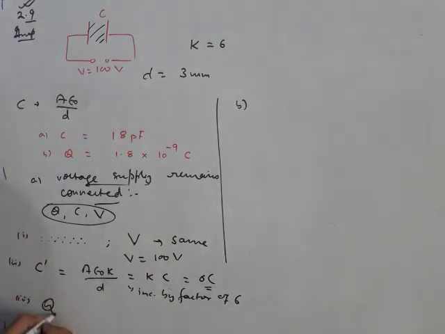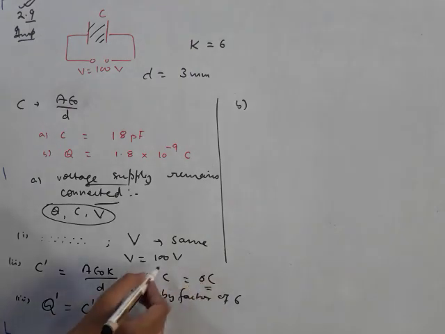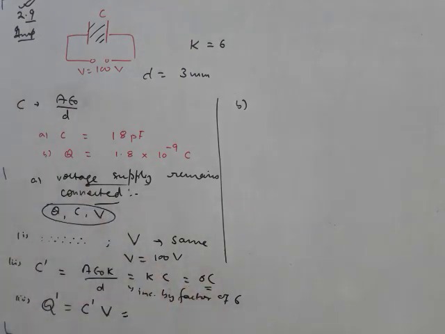See, charge on the plates of the capacitor, Q dash I am writing, is now new capacitance C dash into new potential difference V dash. But I have discussed potential difference does not change. So V dash will be same as V, but capacitance has changed, so it becomes C dash. So C dash is how much? 6 times 18 picofarad, and V is how much? 100 volt.